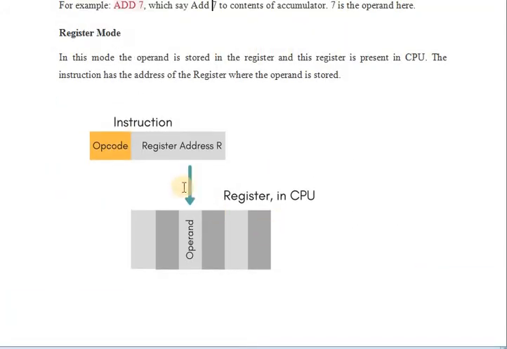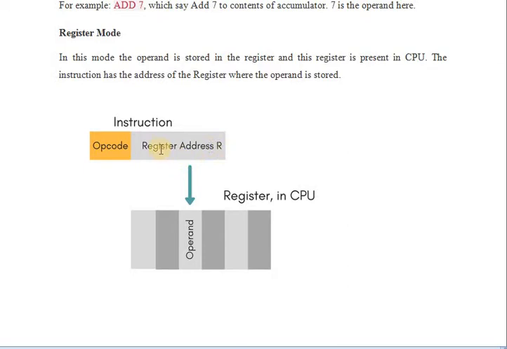See here, the operand is stored in the register. So this is a register. In this mode, the operand is stored in a register and this register is present in the CPU.